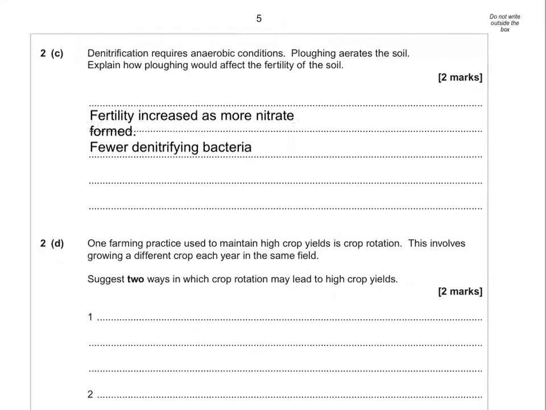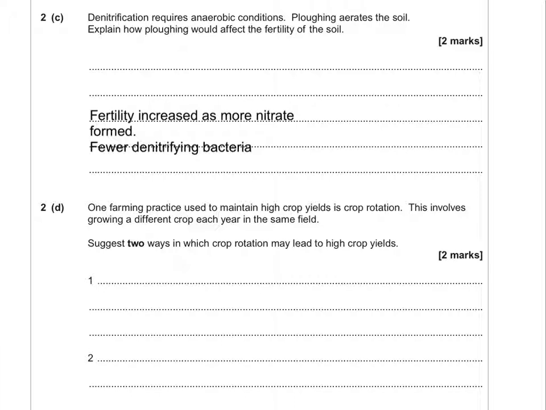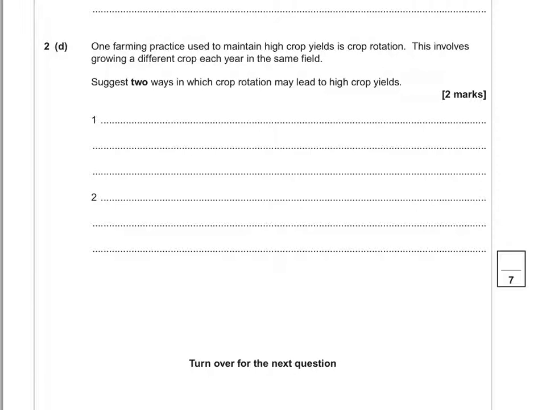Okay, 2D. 2 marks related to farming practice. Suggest 2 ways in which crop rotation may lead to a higher crop yield. 2D is looking at crop rotation, how it can lead to higher crop yields.